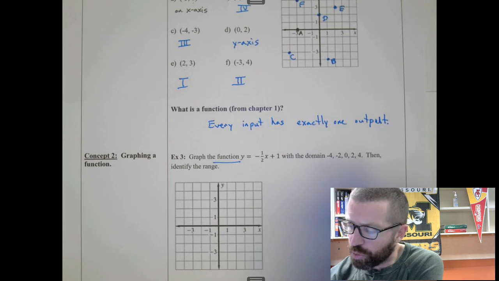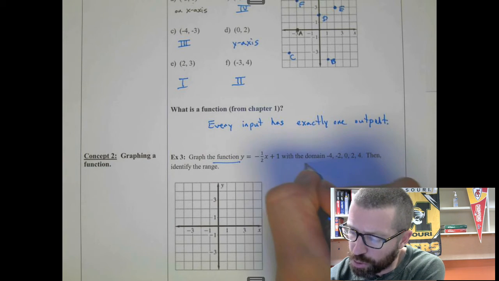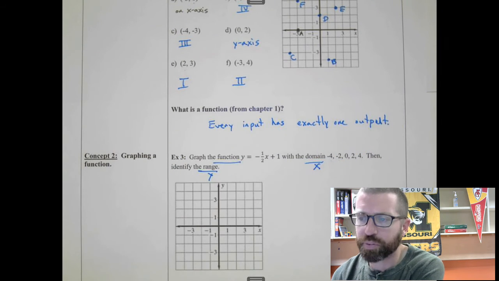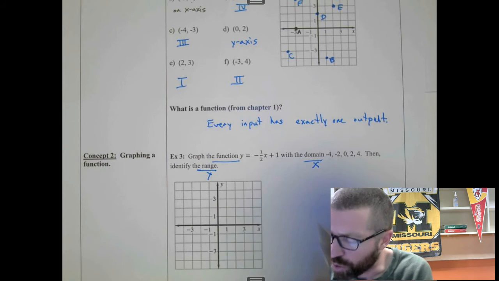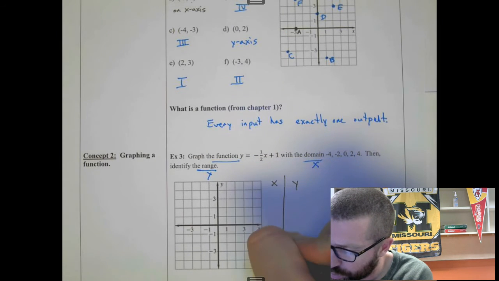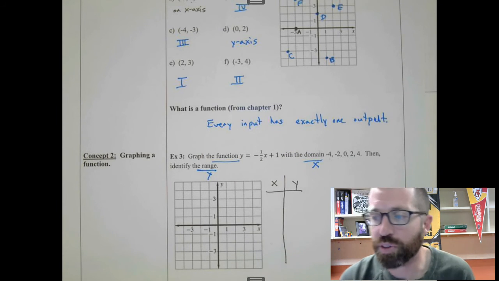Okay, so we're just going to plug in these values. So plug in -4, -2, 0, 2, and 4 in for x. Remember, domain is the x, and range is the y. To organize our work, a common strategy is to use an XY table. And that's how we're going to graph this, with an XY table.